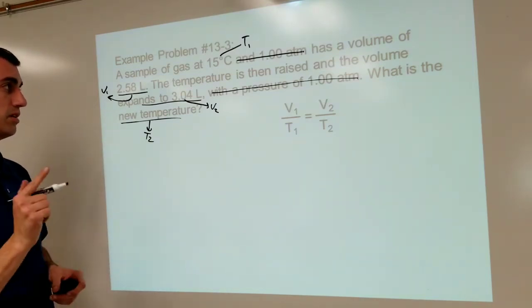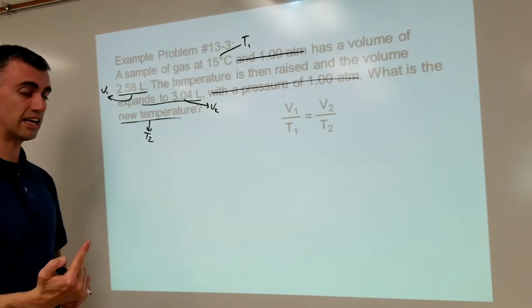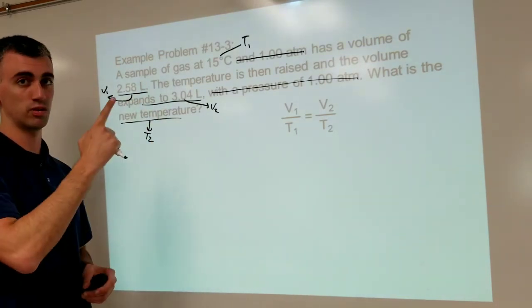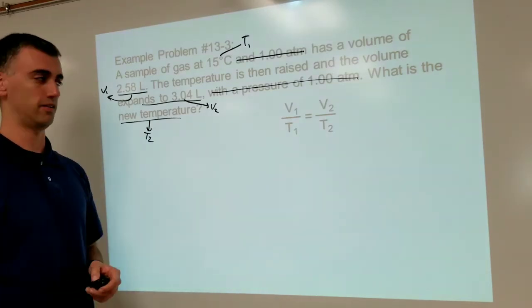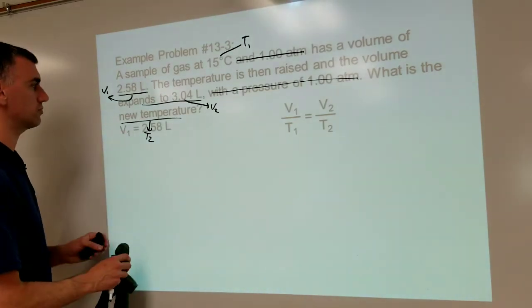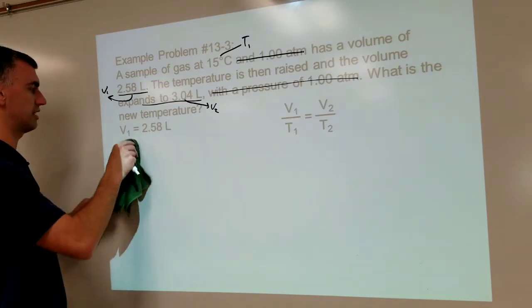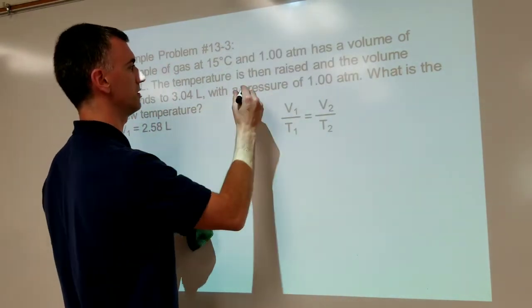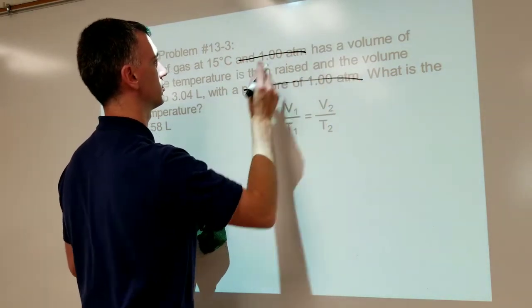So the thing is, remember, because Celsius can go negative, you're not ever allowed to use Celsius in these calculations. It is absolutely required under every circumstance to use Kelvin. So let's get this out of the way.